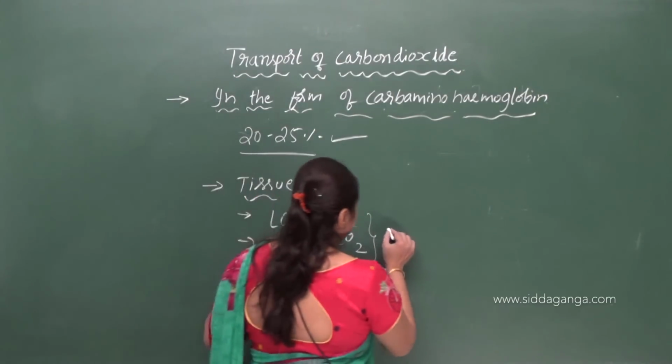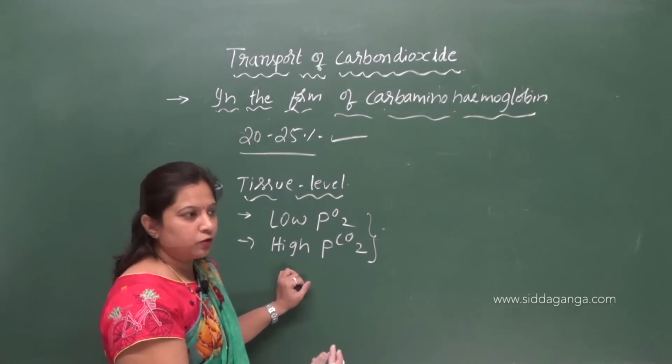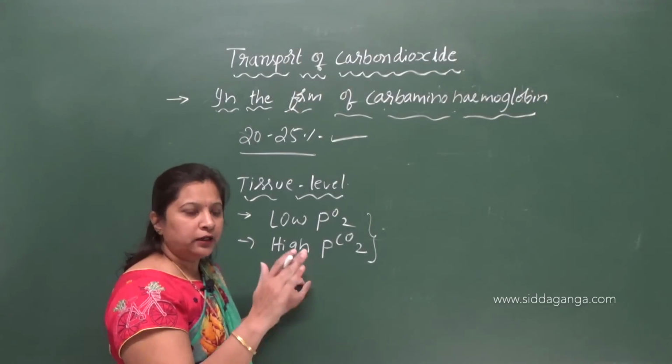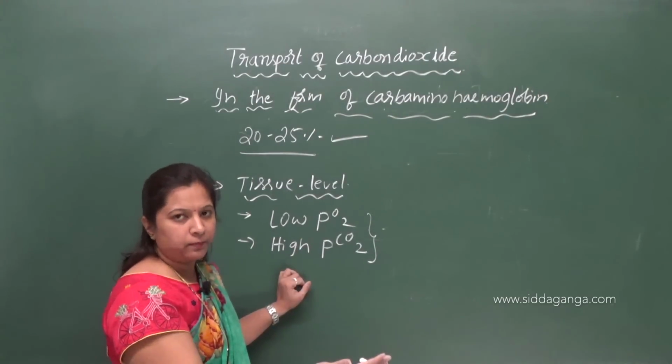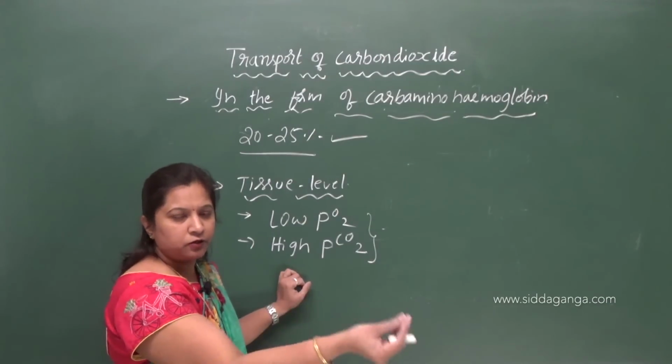So the carbon dioxide produced in the tissues diffuses into the blood plasma. Only 7% gets dissolved in the blood plasma; the remaining carbon dioxide enters the RBCs.